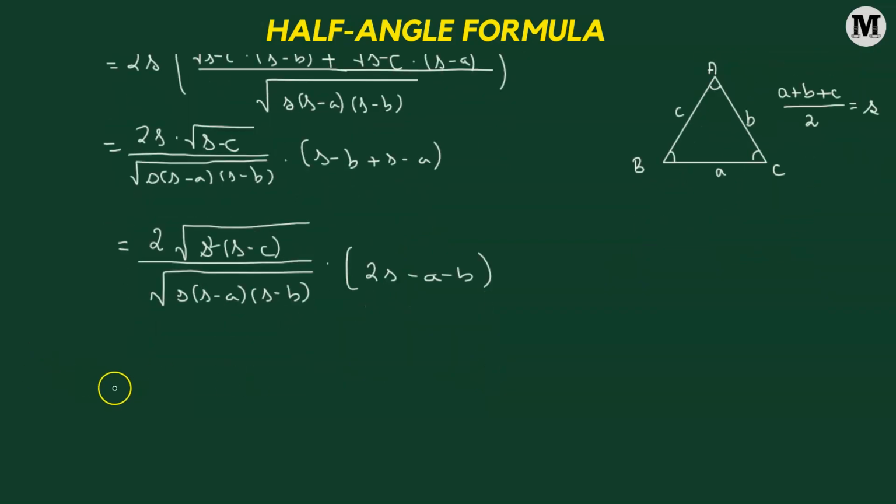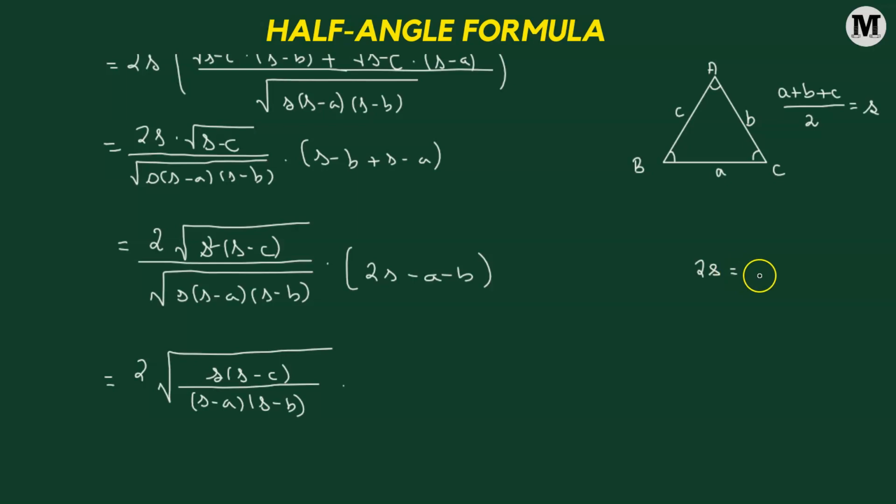Furthermore, we can now combine the two square roots in the numerator and the denominator, so that we get 2 times the square root of s times (s minus c) divided by (s minus a) multiplied by (s minus b). This will get multiplied by, now let's try to understand what 2s minus a minus b is.